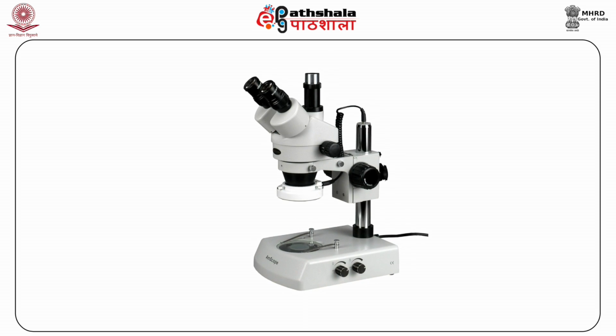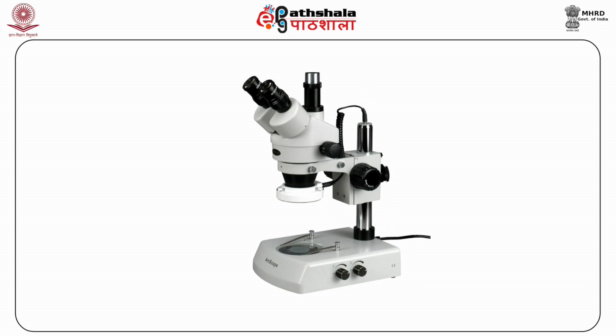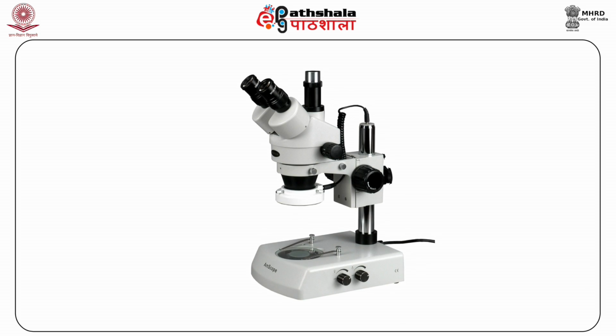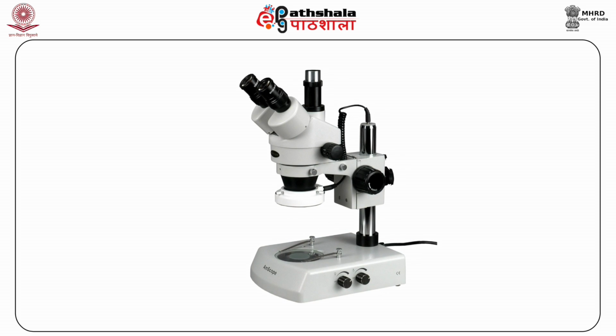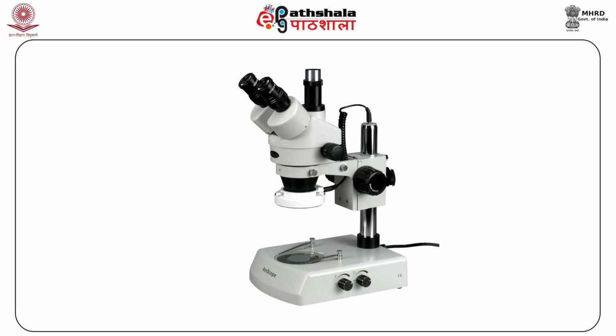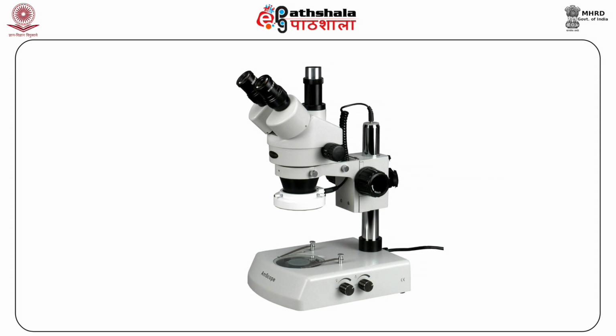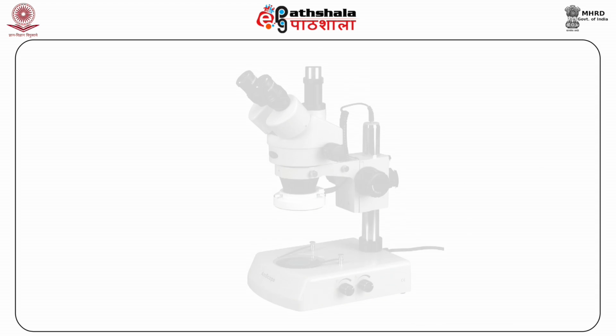The extended working distance, that is the space between the specimen and the objective lens, the upright, non-reversed image, along with the large field of view, makes these instruments the instruments of choice for performing preliminary examination of the evidence.